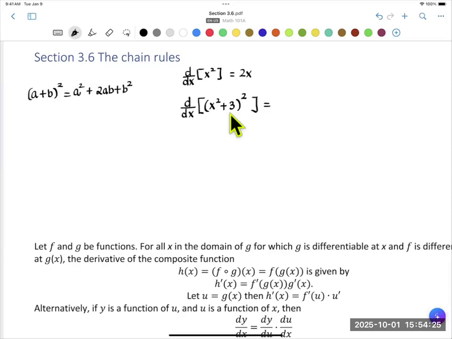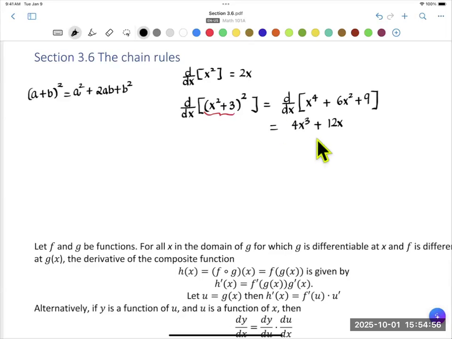Then my a is x squared, so I will be able to expand this to become x to the power 4 plus 6x squared plus 9. And then we take the derivative, which is 4x to the power 3 plus 12x, plus 0, because the derivative of a constant is 0.